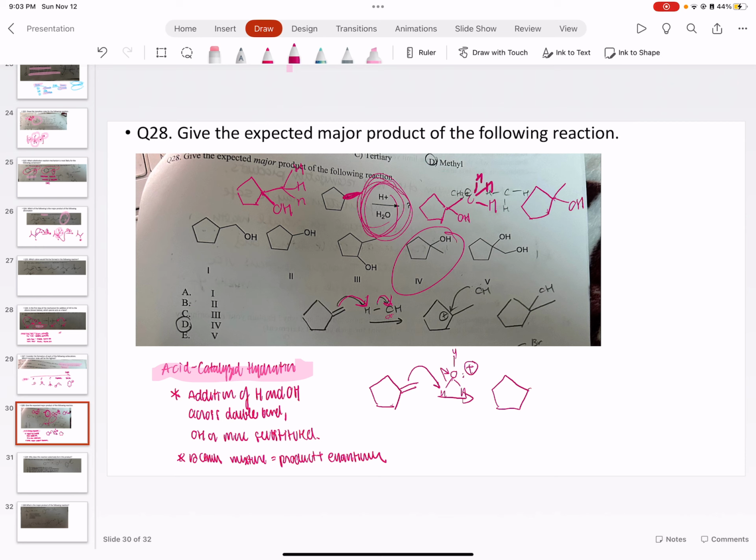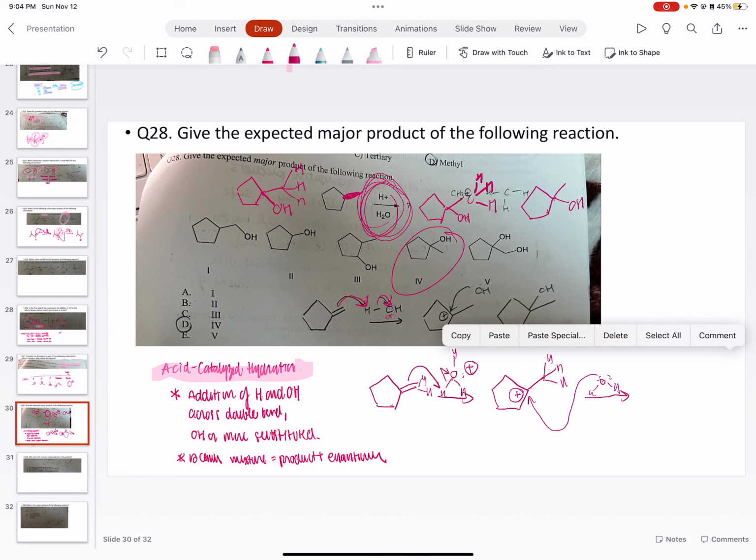My hydrogen again will go on the least substituted. Here I already have 1, 2, so I would just add one more hydrogen to that one. And since I broke that double bond, the other side will get a positive charge. Afterwards, I'm going to bring an OH2.